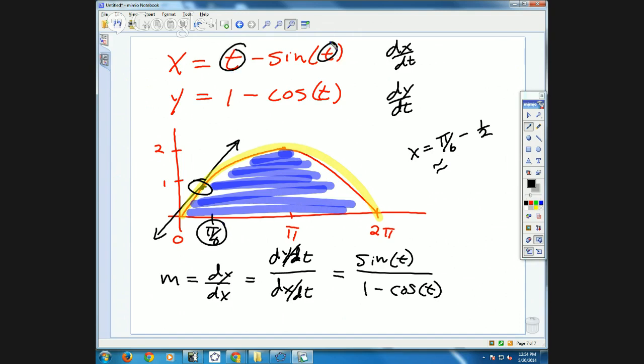Oh, I made a mistake. That's not the x value there. What is pi over 6 minus 1/2? That'd be 0.0235.